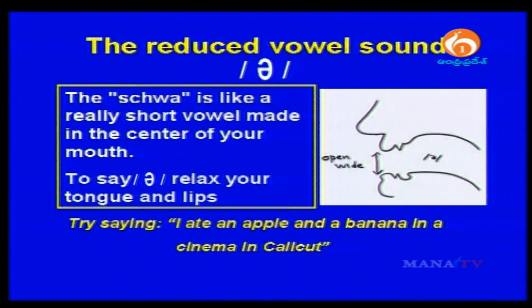You have your mouth quite open and wide, and right in the center you can see this vowel being produced. And let me just share with you, this is the most commonly occurring vowel sound in most of the words where you don't stress the part. You would come across these when you talk about word stress and understand it much better.